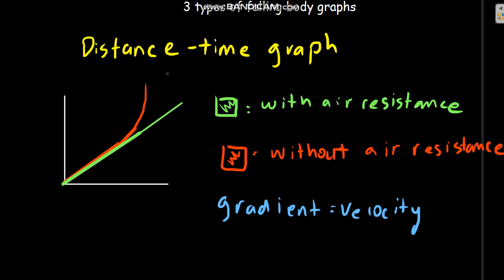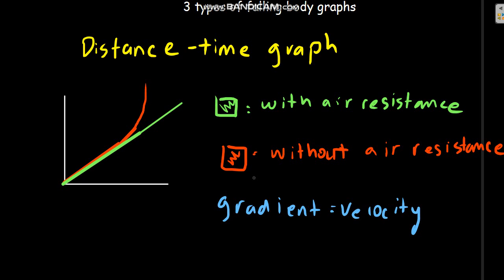And the distance time graph is going to be different. Without air resistance, it's going to continue to curve as it accelerates. That's what you should know. I know I drew a straight line, but because of my terrible drawing skills, normally it's going to curve. But with air resistance, it's going to level off into a terminal velocity until the end.